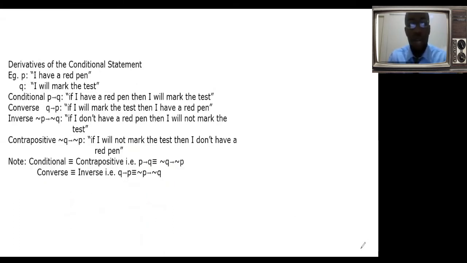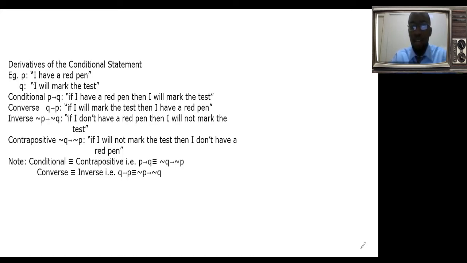For example, again, P is I have a red pen, and Q is I will mark the test. The conditional statement is P implies Q: if I have a red pen, then I will mark the test. Now, the converse is if I will mark the test, then I have a red pen.